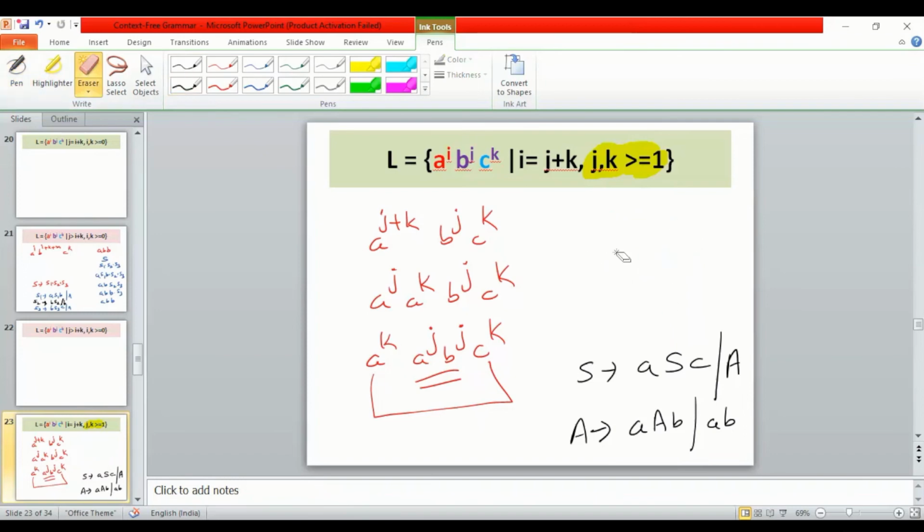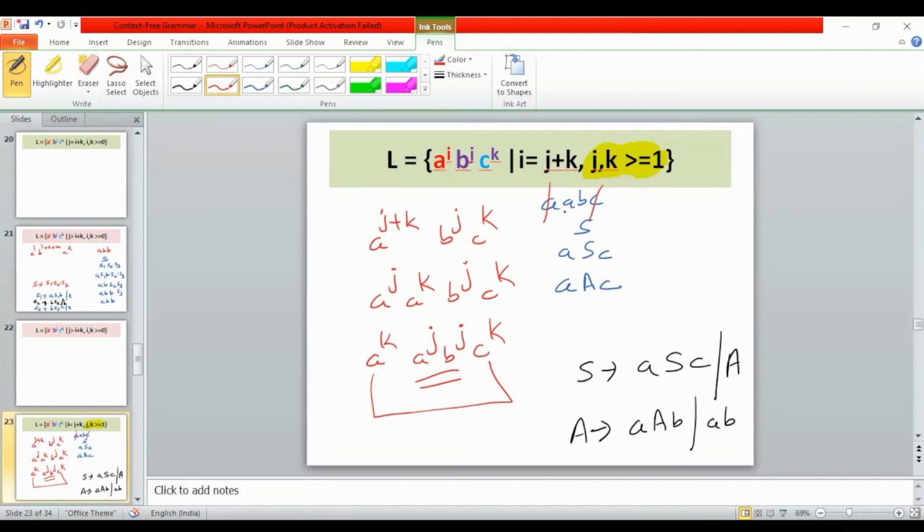Let us see first what strings we can derive from this. We'll start with S. Let us generate this string A, B, C. We'll start with S. We have A S C, so we'll get A and C. Then I will replace capital S with capital A because my requirement of A and C is over.